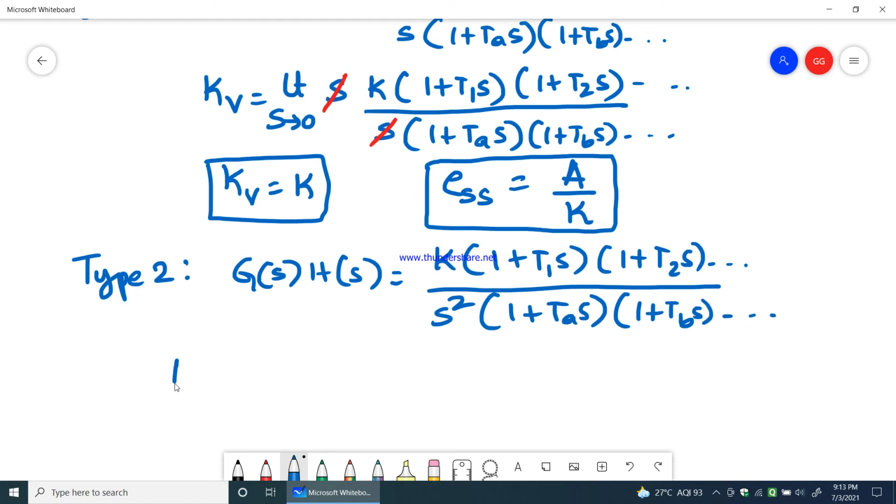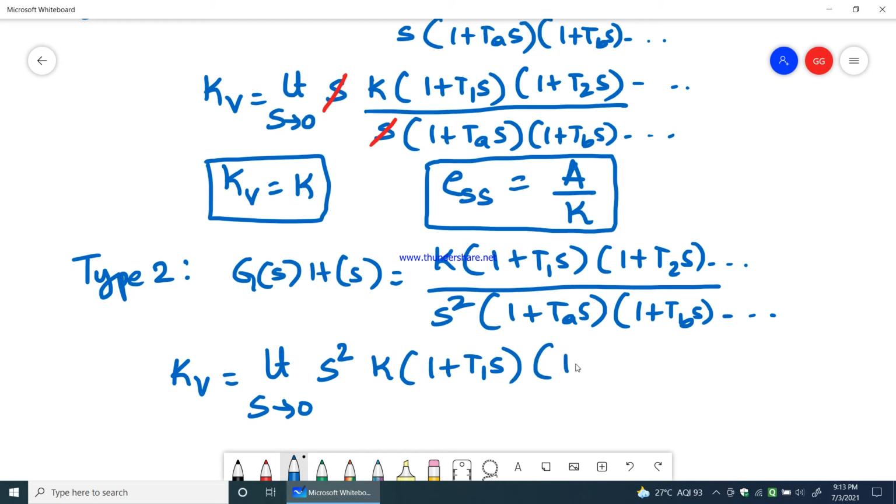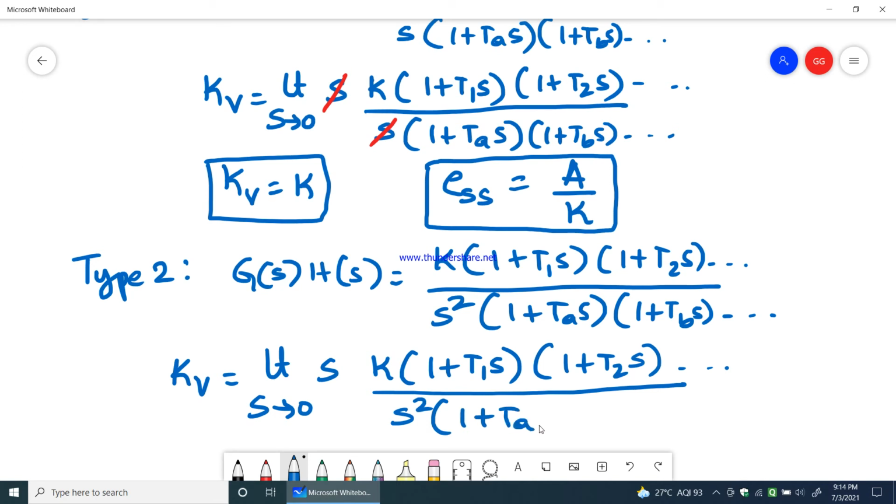So therefore Kv equals limit s tends to 0 of s into G(s)H(s), which is s into K into (1 plus T1s) into (1 plus T2s) and so on, divided by s square into (1 plus Tas) into (1 plus Tbs) and so on. So here this s will get cancelled with this s.